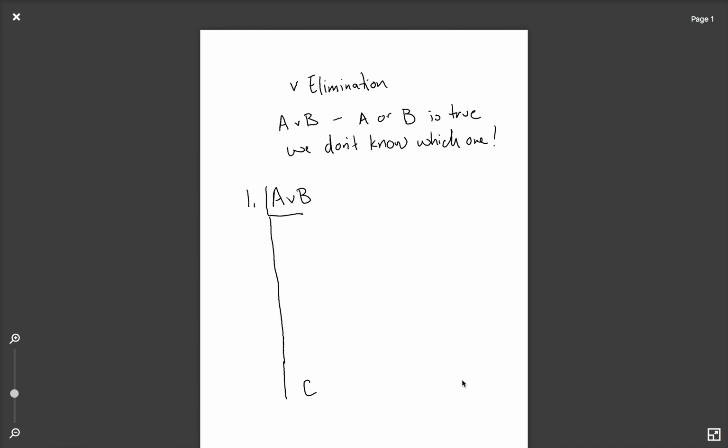So when I'm eliminating a disjunction, I'm not really ever eliminating the premise, A or B. I'm just going to say it doesn't matter which one is true. I'm going to do a strategy where I say my goal will be true, whichever of these is true. So it forces me to create two different subproofs that end with the same thing.